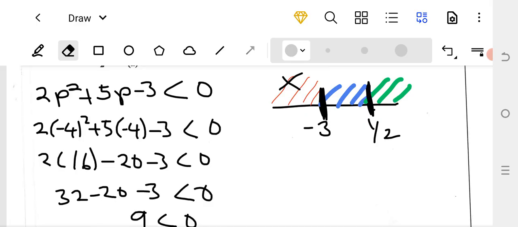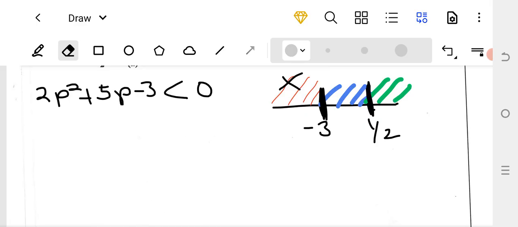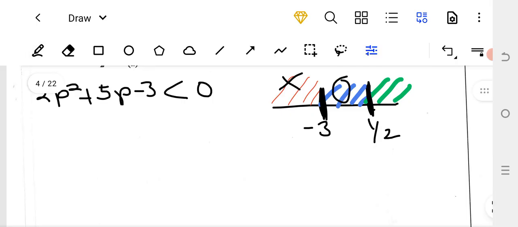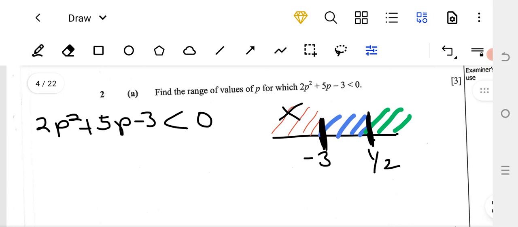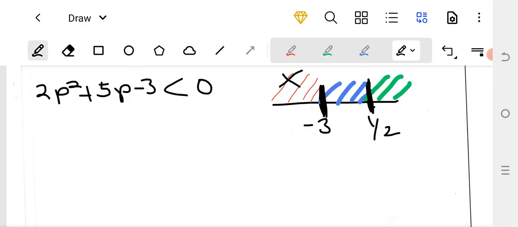So you try plugging in a number between, now we're going to this region here, a number between -3 and +1/2. 0 is the simplest number you can get.